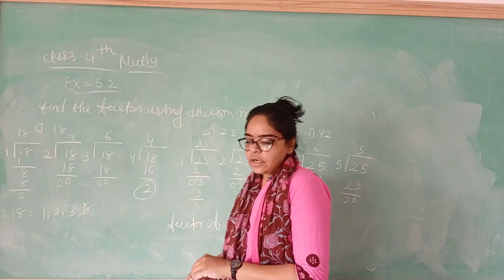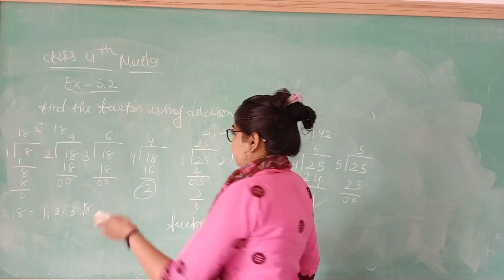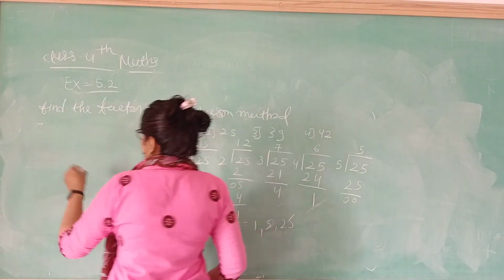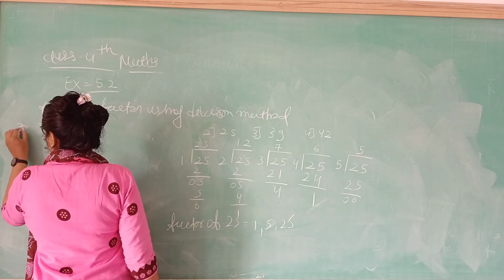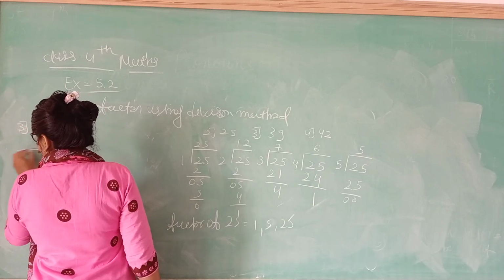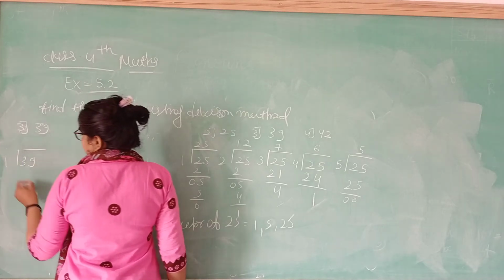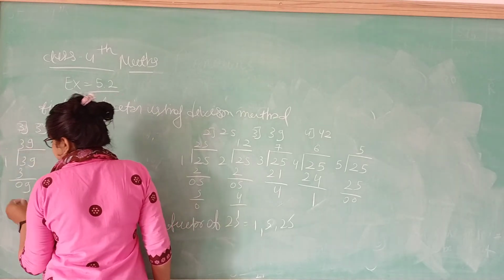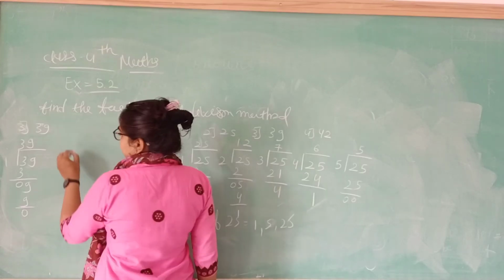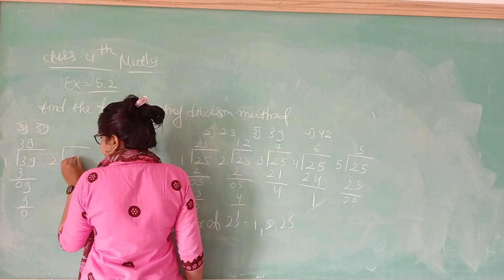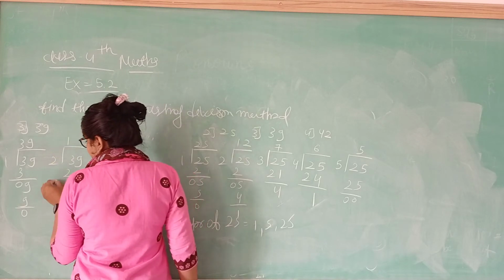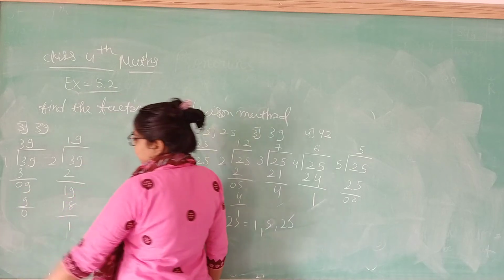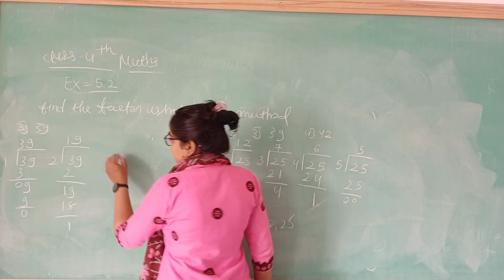Okay. Then the next, 39. First one divided: 1 3 is 3, 0, 9. 1 9 is 9. So 1 is a factor of 39. Then 2: 2 1s are 2, 2 9s are 18, a remainder of 1 is there. So not a factor of 39.